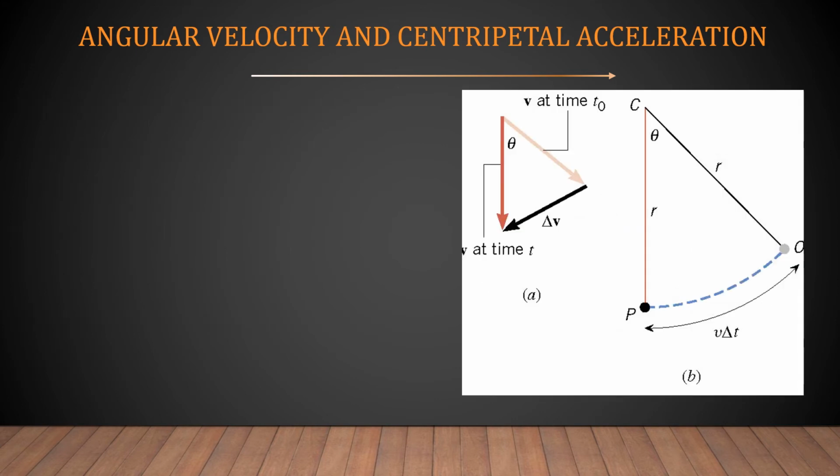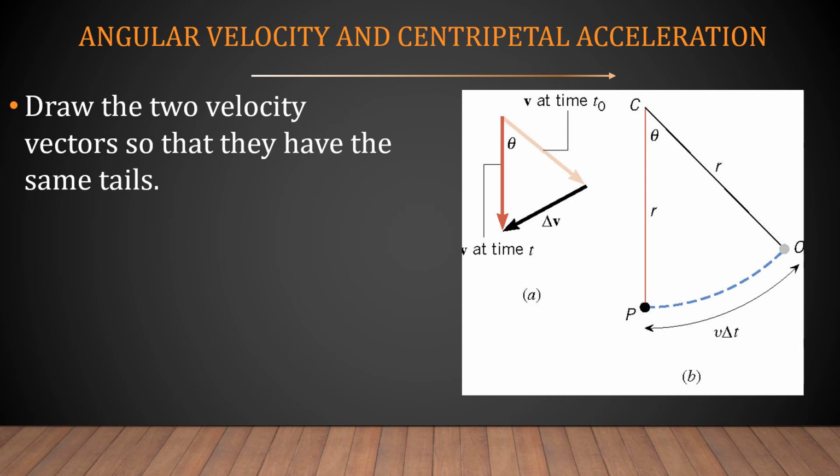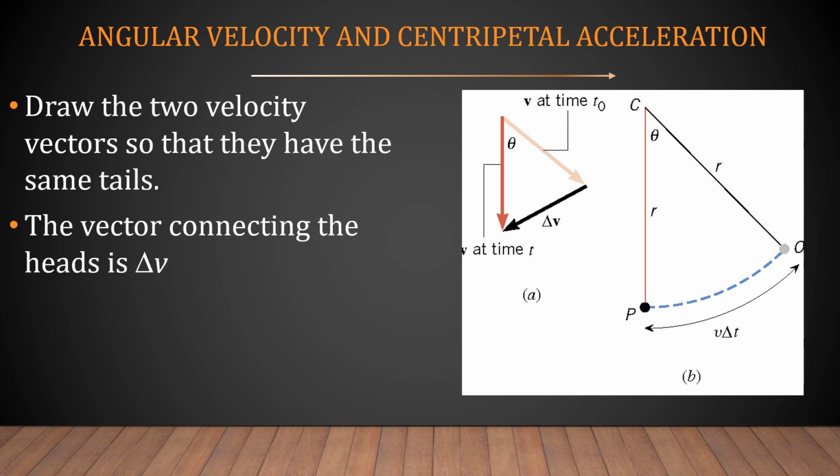Now, these two are isosceles triangles. This theta is equal to this angle, and this is the velocity at time t naught and this is the velocity at time t. This is the change delta v, which is equivalent to this one.